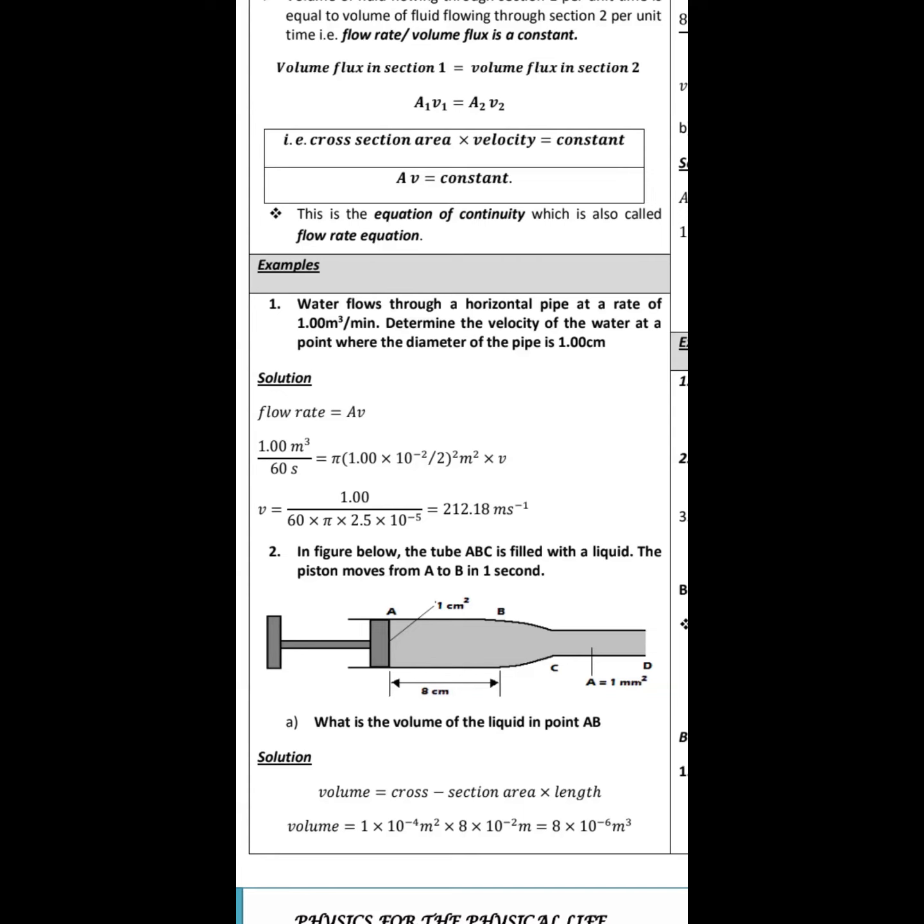We have been given the length to be 8 centimeters and the cross-sectional area to be 1 centimeter squared. Calculate the volume.